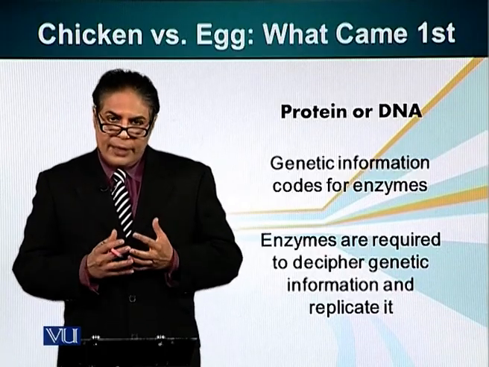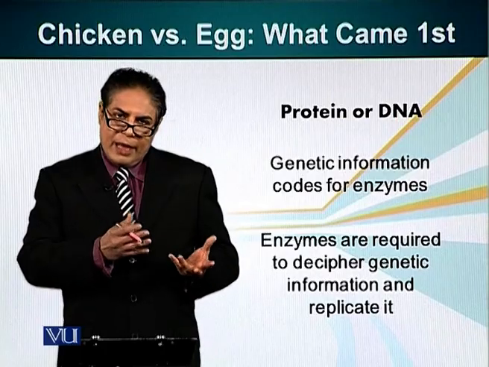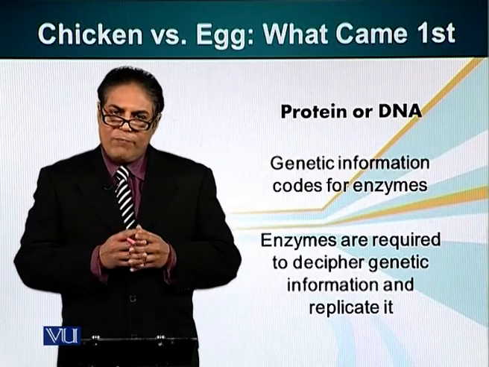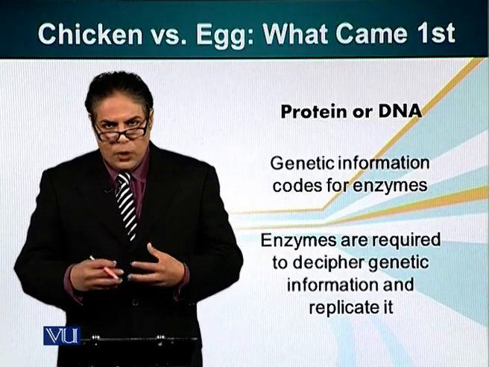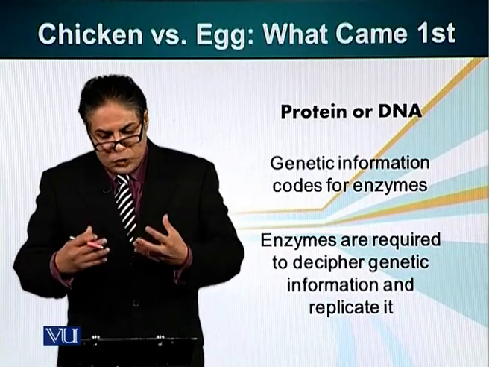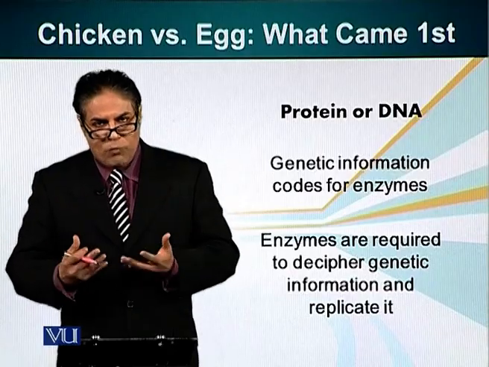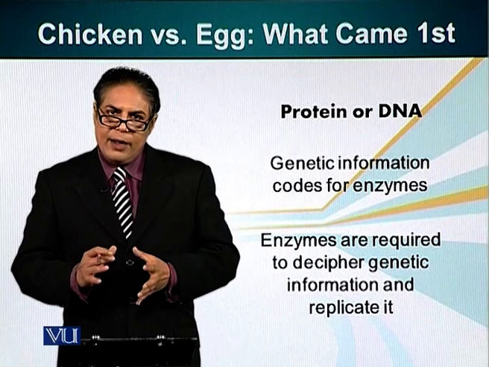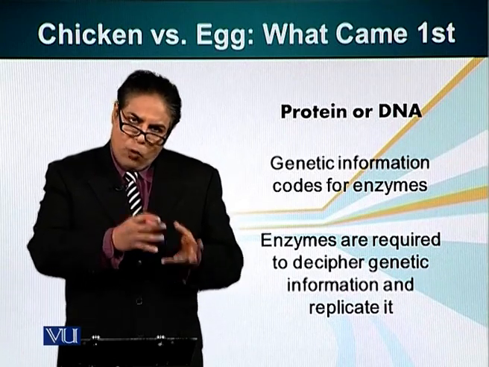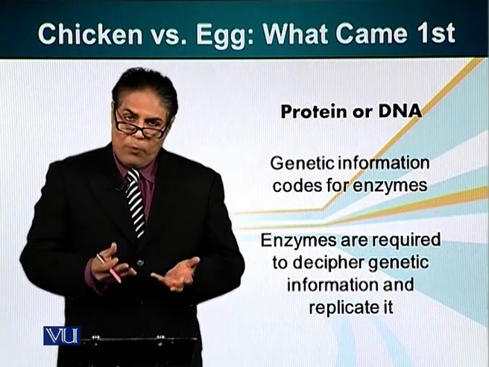But the dilemma here is what came first in evolution. If DNA came first, it would not be able to replicate itself, or do any functional work, without the presence of proteins. Proteins, on the other hand, need something to code for them, and DNA codes for proteins.